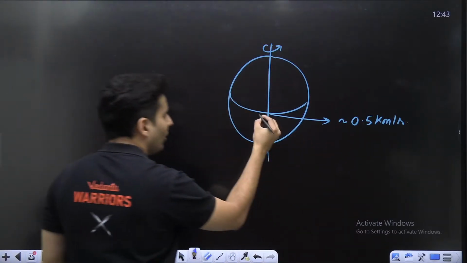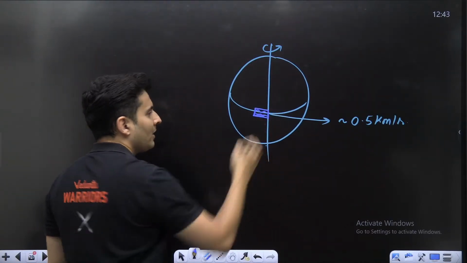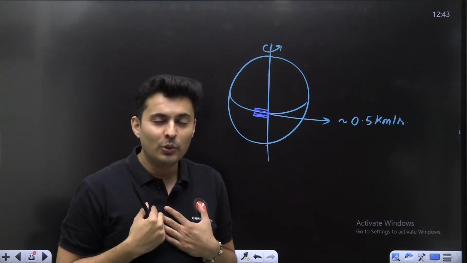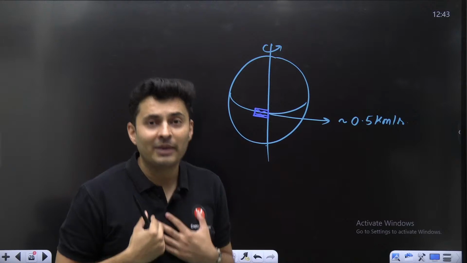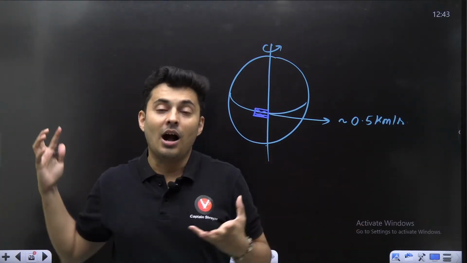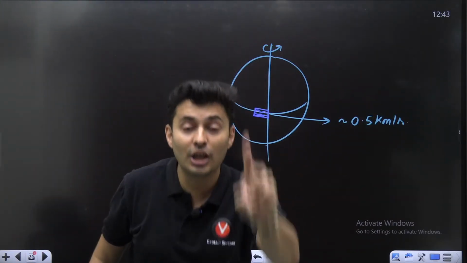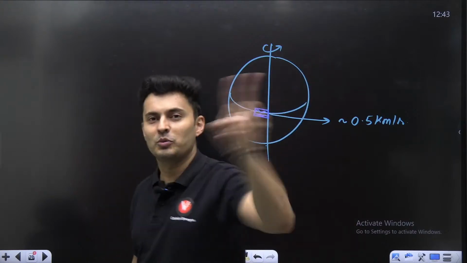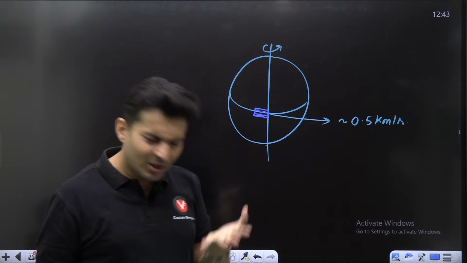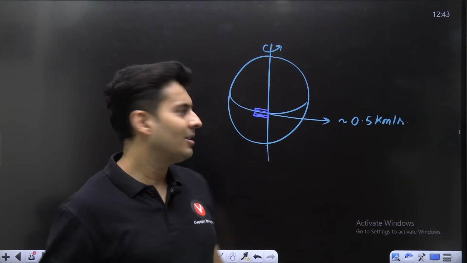Imagine on the equator, on a hot sunny day, you are in a swimming pool. You might feel that you are at rest, but actually you, with the water, the swimming tank, the hotel, the trees, the mountains, the ground, are all moving together with the same speed of half a kilometer in 1 second. But you don't realize it because everything is moving with the same speed because of inertia.